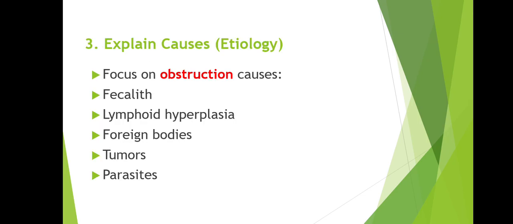So now, what causes appendicitis? What is the etiology? Etiology is basically looking at the origin of a disease. What causes this particular disease? So now, you should be able to know that the main focus on what causes appendicitis is one major thing, that's where everything arrives, and that is the obstruction.